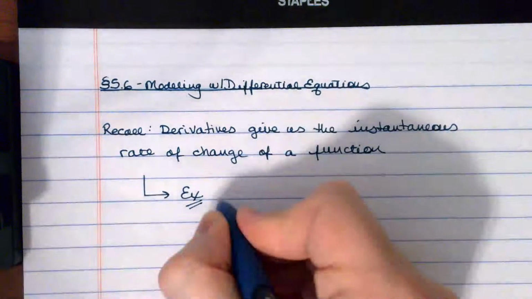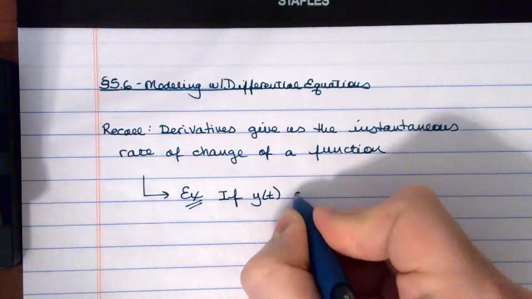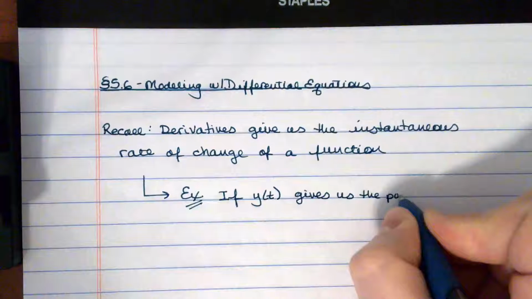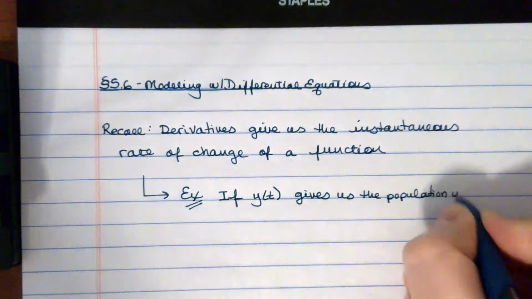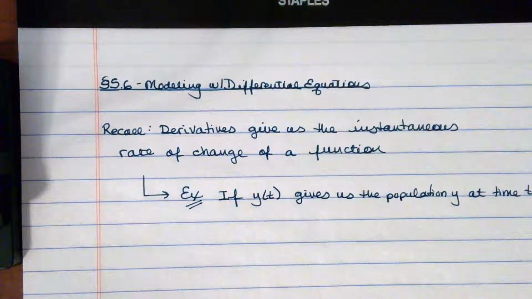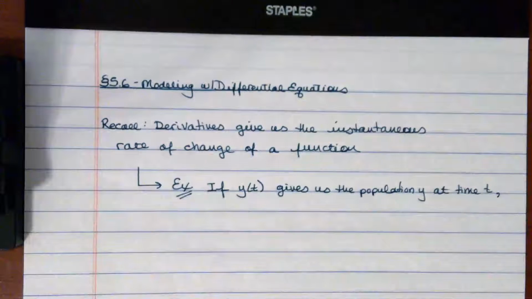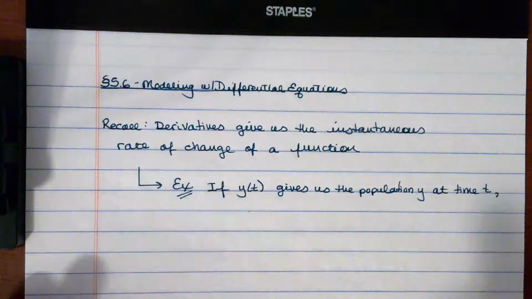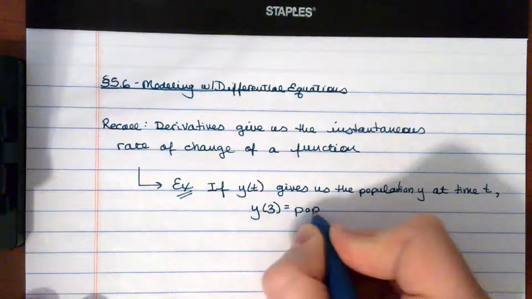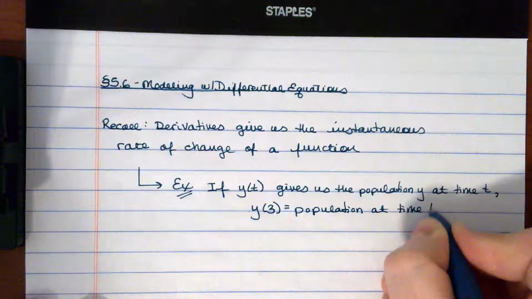So for example, if we have some function y of t that gives us the population y at time t, then y of 3 would just tell us the population at time 3. 3 hours, 3 days, whatever.